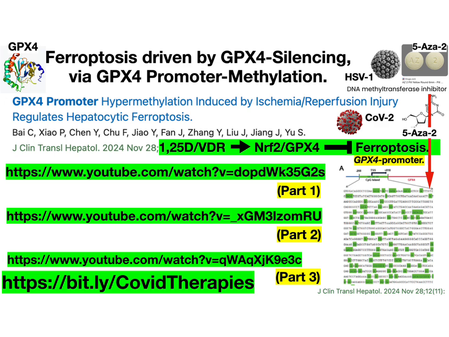So preparing the tissues for the sudden reoxygenation and the production of reactive oxygen species, it's important to upregulate key antioxidant enzymes such as GPX4, and that can be done utilizing vitamin D receptor agonists such as calcifediol and paricalcitol. So these YouTubes discuss these issues, going into more of the molecular and cellular details of these potential therapies.